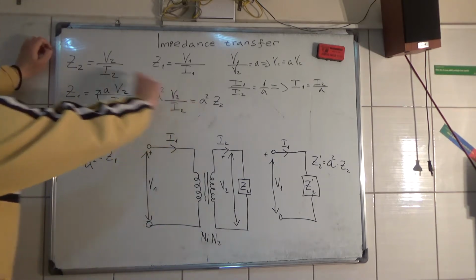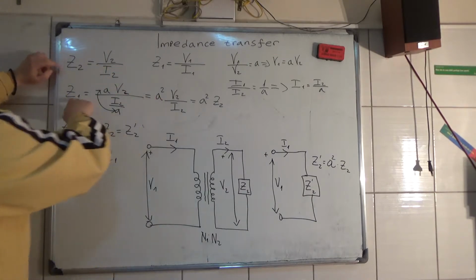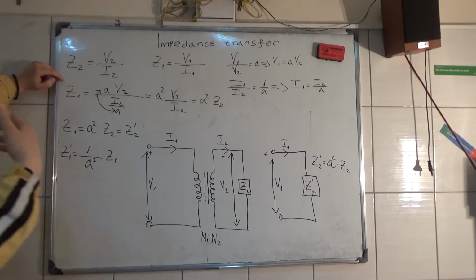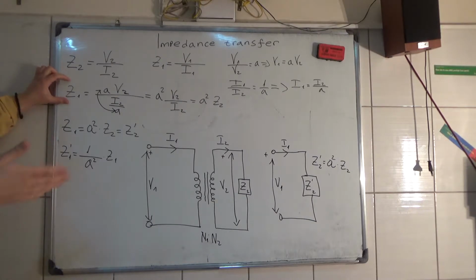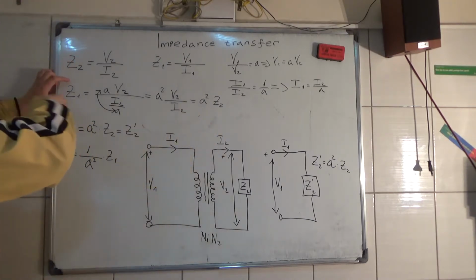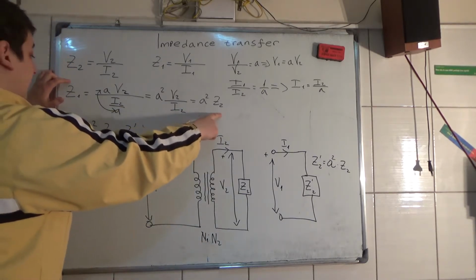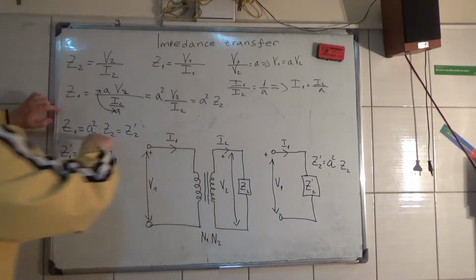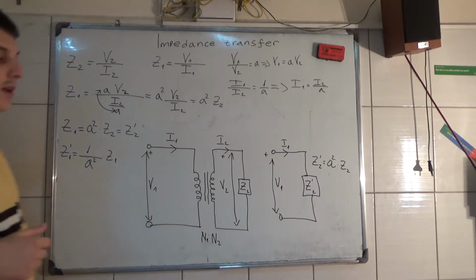V2 divided by I2 is the secondary impedance. Here you have it: this Z1, the input impedance, which in this particular situation depends on the Z2 here, is equal to A squared, the turns ratio squared, times Z2.